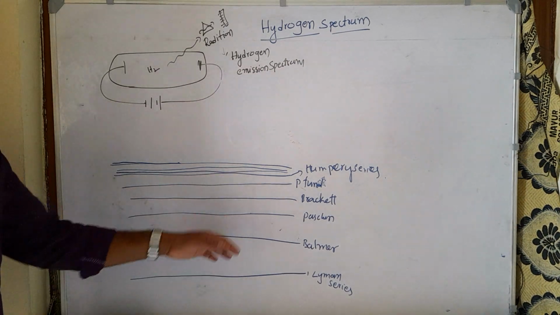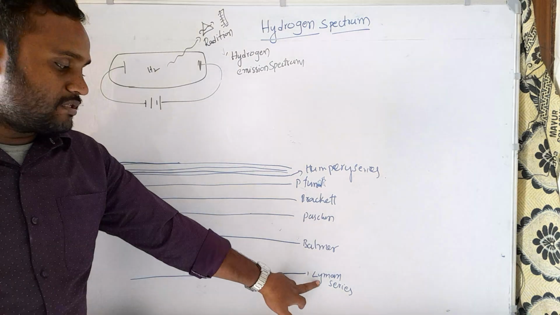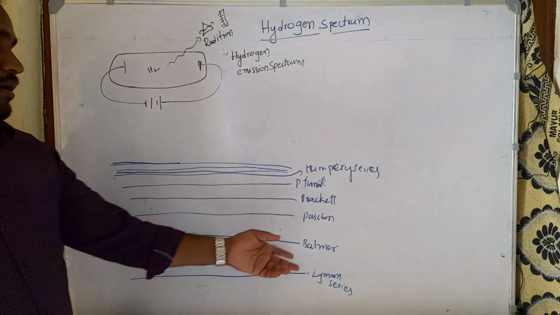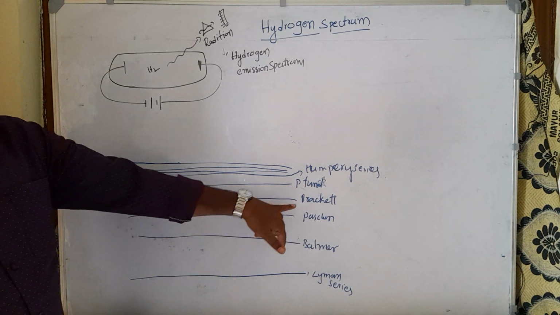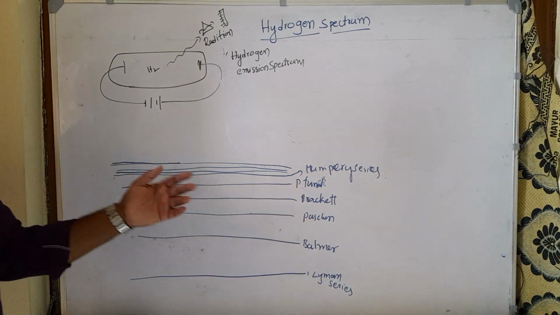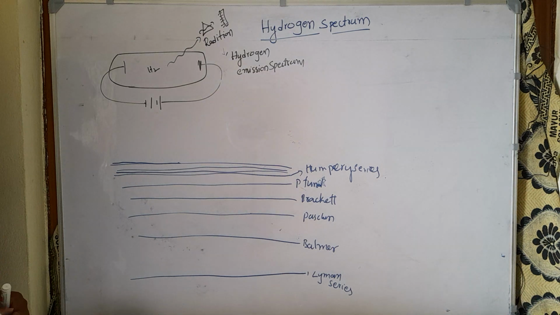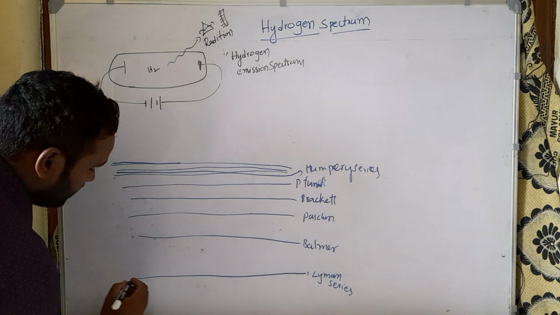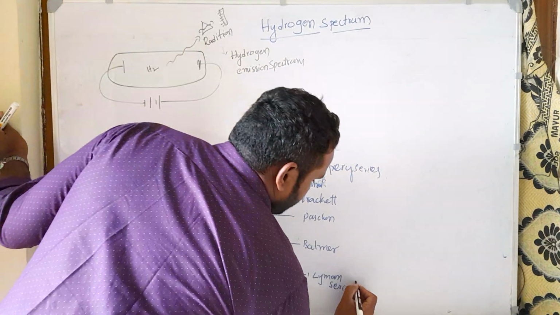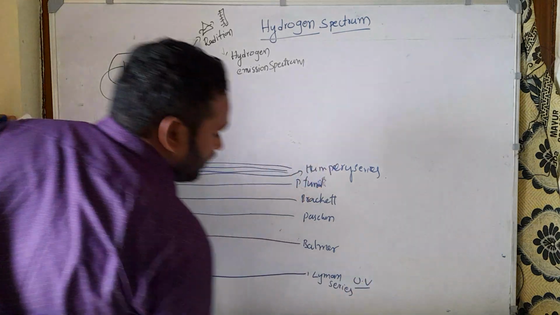Each series is named after its discoverer: the Lyman series was discovered by the scientist Lyman, the Balmer series by Balmer, the Paschen series by Paschen, and likewise Brackett, Pfund and Humphreys. So there are different lines in the hydrogen spectrum. The first, the Lyman series, we observe in the ultraviolet range.